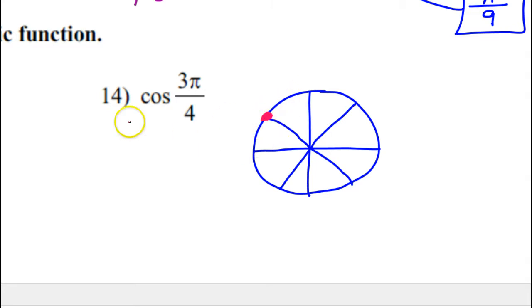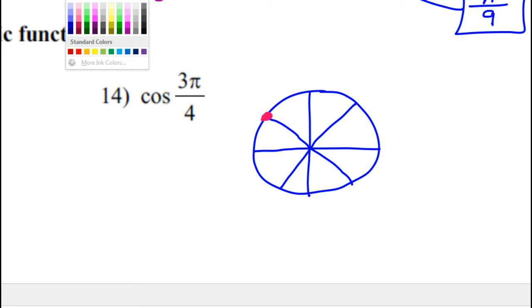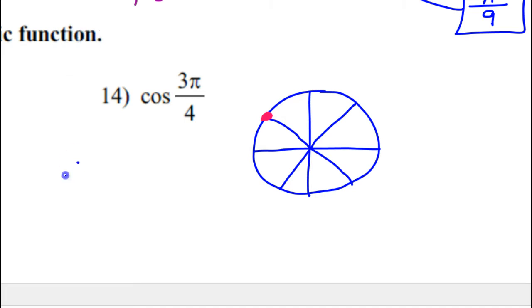So the question is, what is the cosine of the reference angle? The reference angle is pi over 4, so let's focus on that first. What's the cosine of pi over 4? Again, that's something that we have memorized.